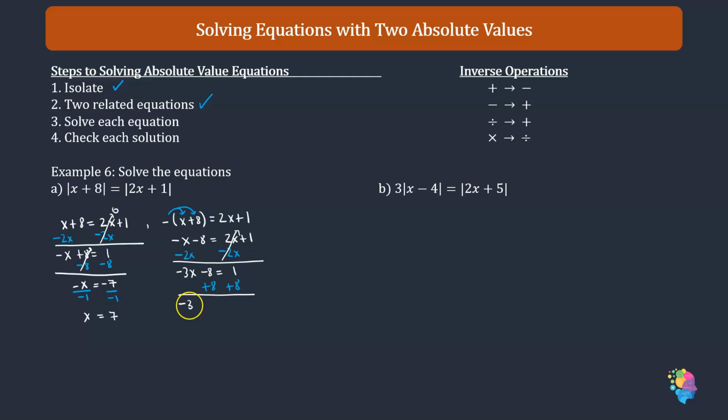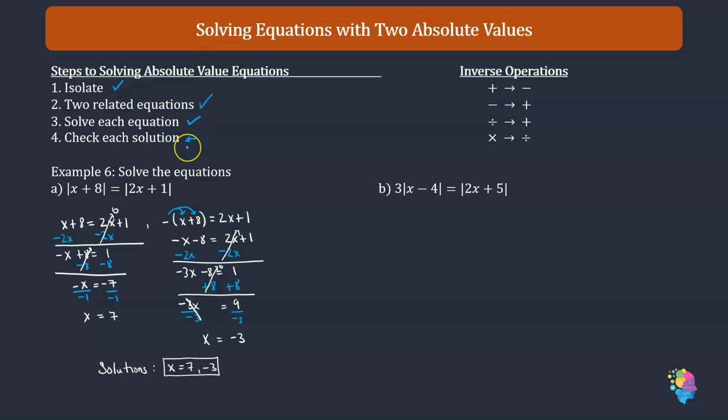That's negative 3x. That goes to 0. Is equal to 9. One more step. We divide both by negative 3. 9 divided by negative 3 is negative 3. So the solutions to this equation are 7 or negative 3. So we have finished solving the equations. Don't forget to check your work.